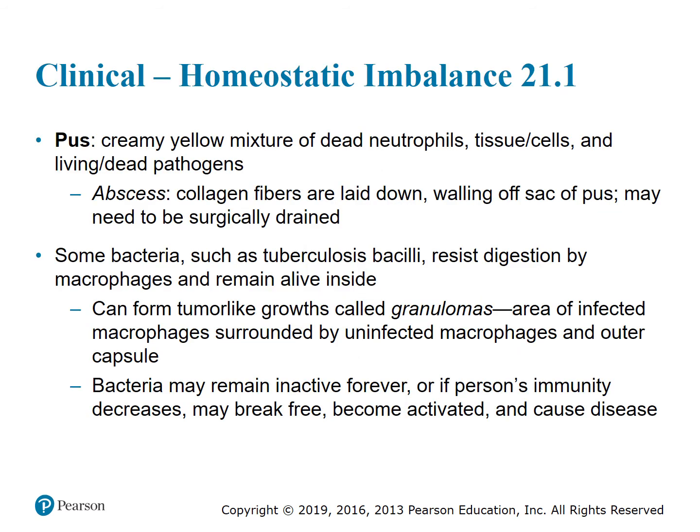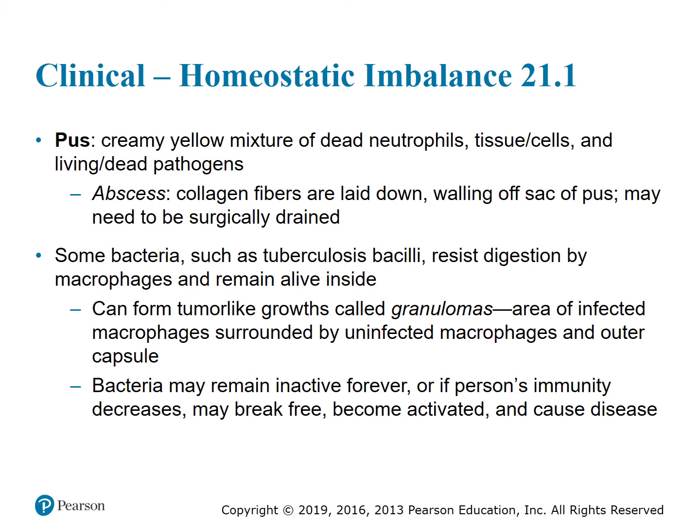Clinical homeostatic imbalance 21.1. Pus is a creamy yellow mixture of dead neutrophils, tissue cells, and living or dead pathogens. An abscess is when collagen fibers are laid down, walling off the sac of pus, and may need to be surgically drained. Some bacteria, such as the tuberculosis bacterium, resist digestion by macrophages and remain alive inside.